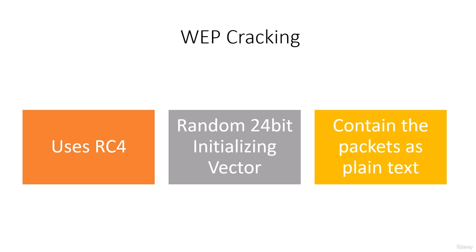So our main goal when we try to crack WEP is to collect as many IVs as we can, because once we have a large number of IVs, we are more likely able to determine the key stream and the WEP key for the targeted network.